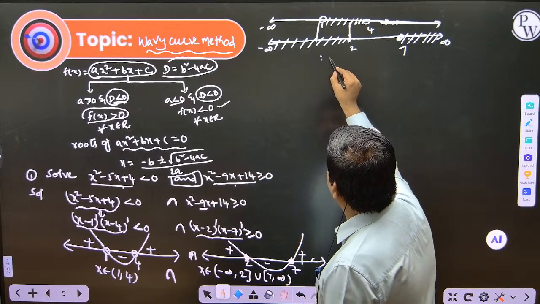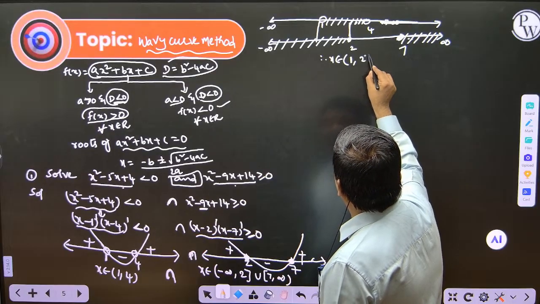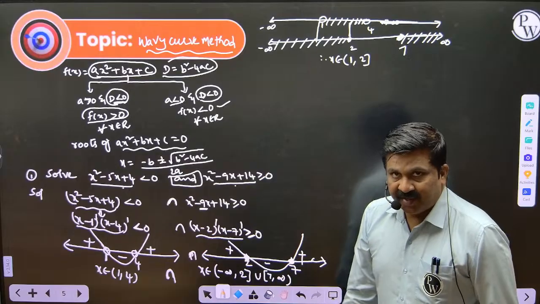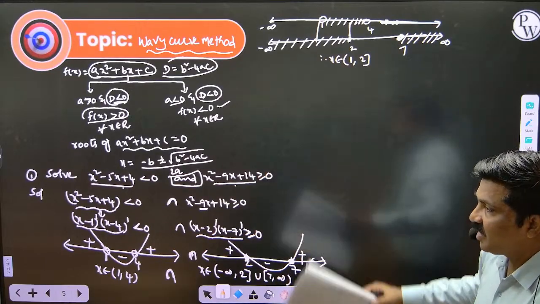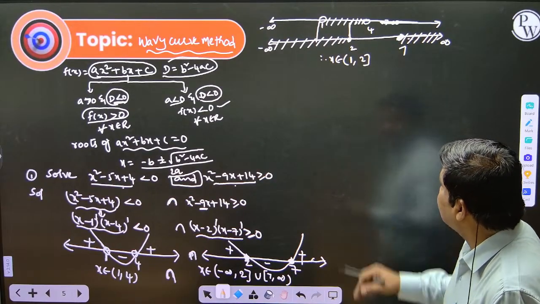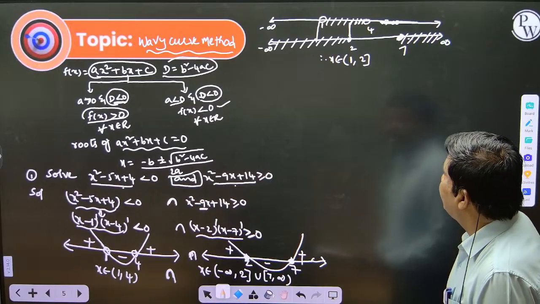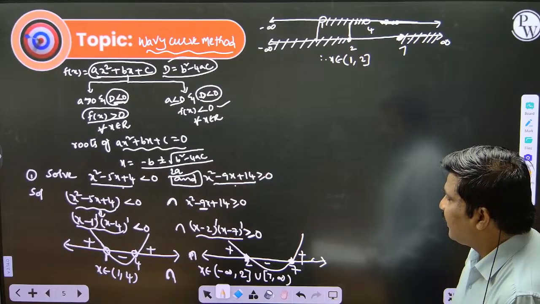So therefore x belongs to what? 1 open, 2 closed, or not. Commonality means common shaded region. This is only your common shaded region, or not. So that's why I find this commonality is 1 to 2. Why did I take a commonality here?